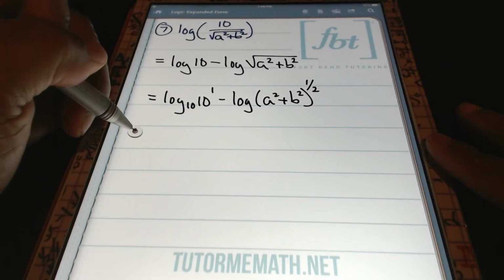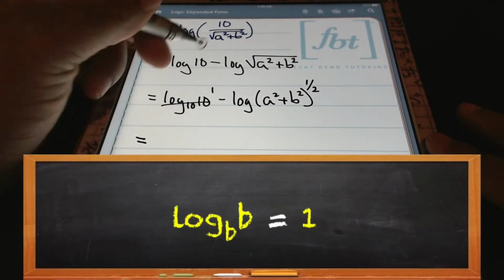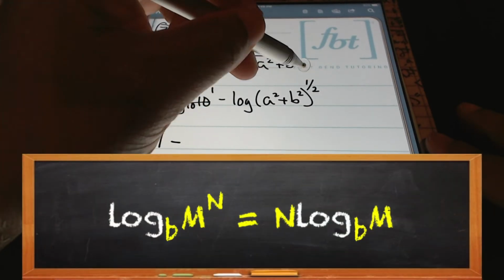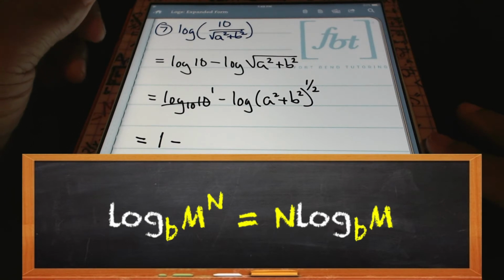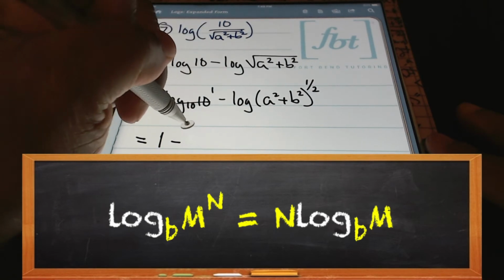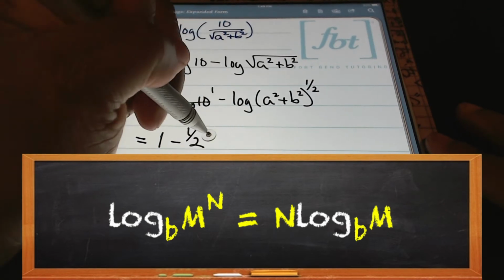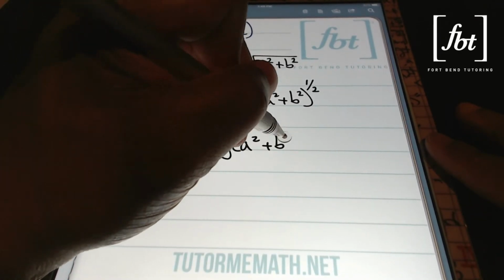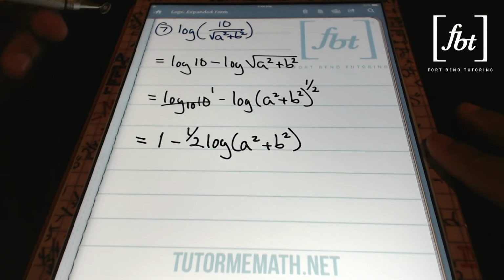So now using our properties, we know that these 10s will cancel out to leave us 1 as a result, minus, bring that pesky exponent down as a coefficient, so you'll have minus 1/2, and then your logarithm, the common log of a squared plus b squared, and done.